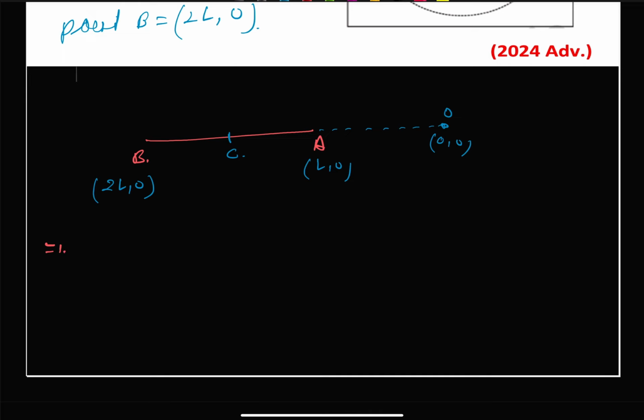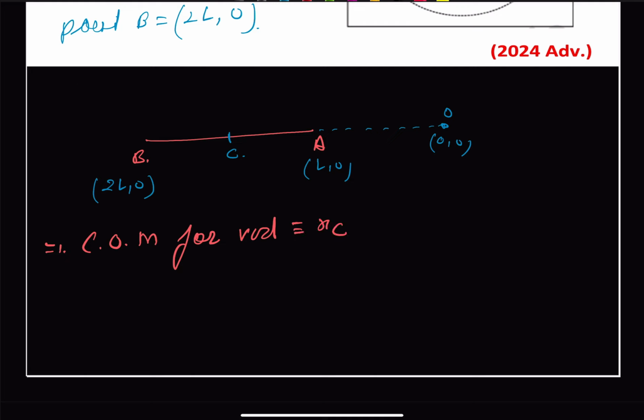Let us call the rod's center of mass XC.